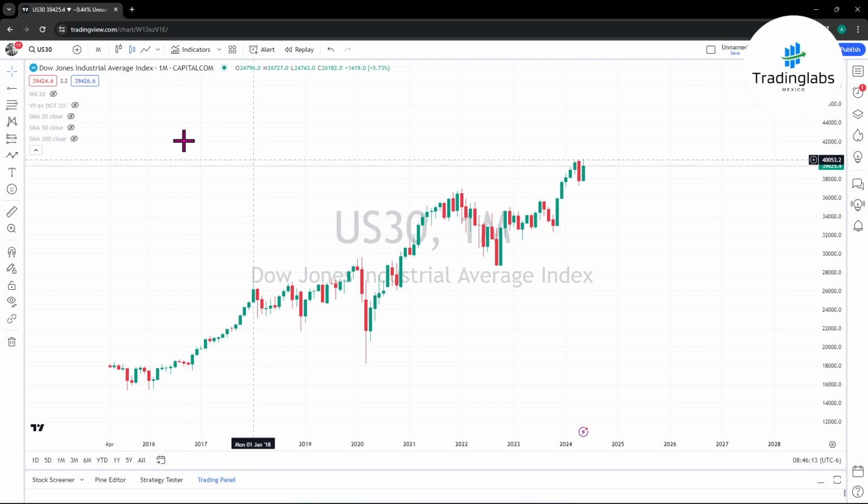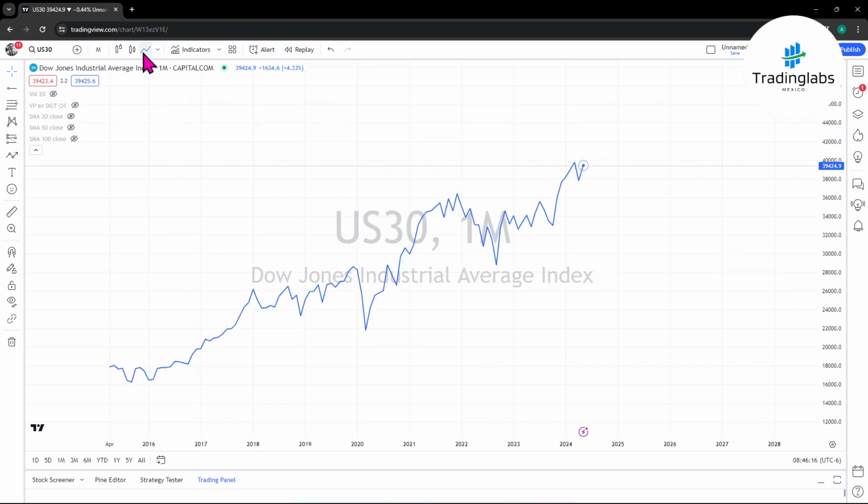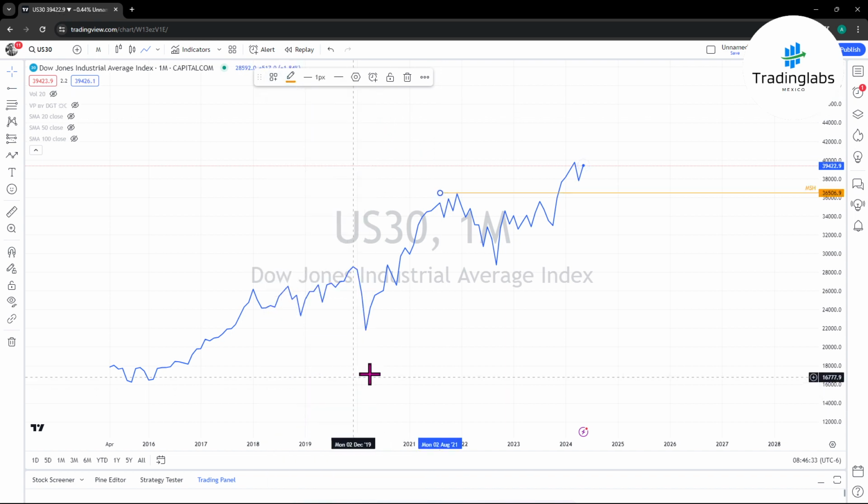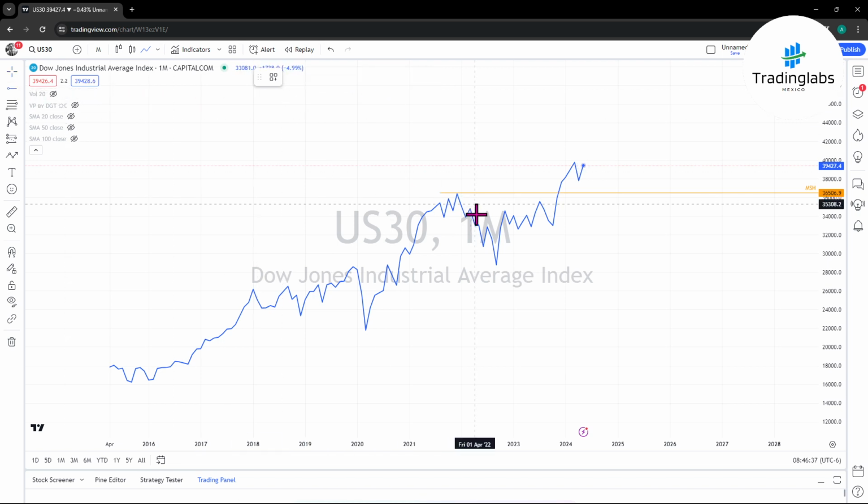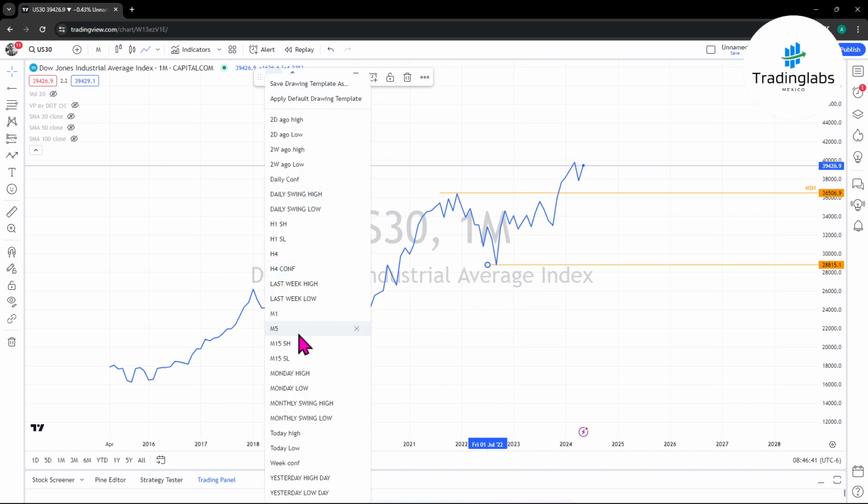For me, it's very important to know this, so I'm drawing here in the line chart because it's easier to see the swing high very quickly. So this is the monthly swing high. I'm placing my monthly swing high. I look it up, and this is my monthly swing low, right?